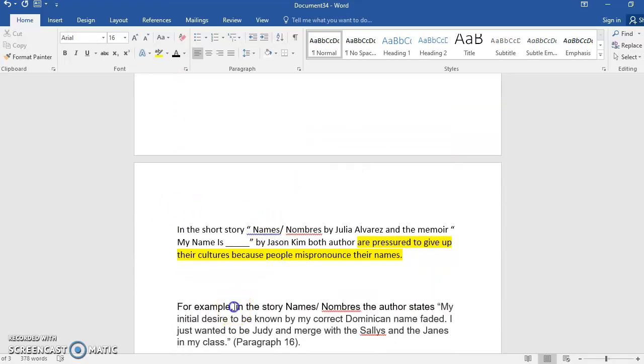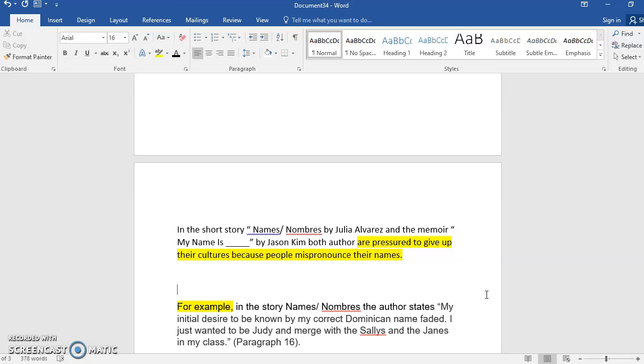So I have a good transition, for example, okay? In the story named Nombres, the author states, "my initial desire to be known by my correct Dominican name faded. I just want to be Judy and merge with the Sallys and the Janes in my class."